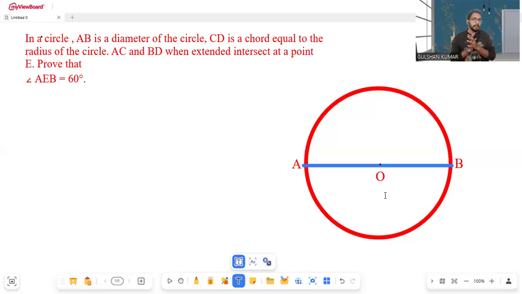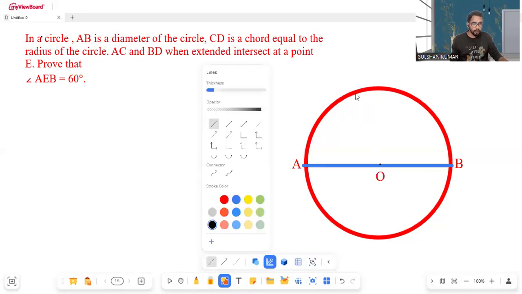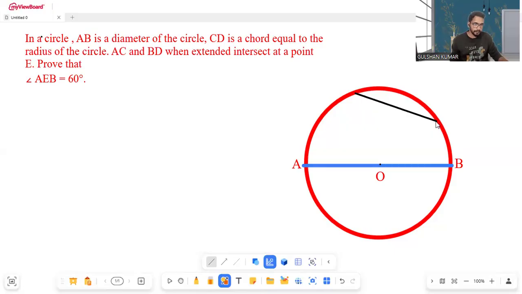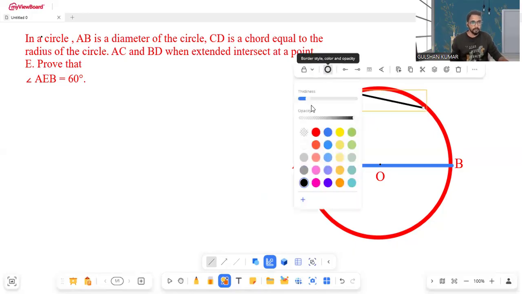Now, this is only half of the question, so we start with the chord. The chord will be somewhere here. We can increase the thickness and use blue color.